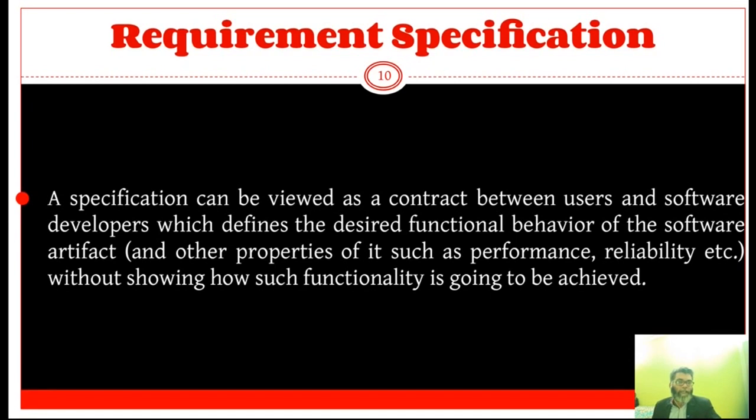Requirement specification. A specification can be viewed as a contract between users and software developers, which defines the desired functional behavior of the software artifact, such as performance, reliability, etc., without showing how such functionality is going to be achieved. That is, it is used to produce formal software requirement models.